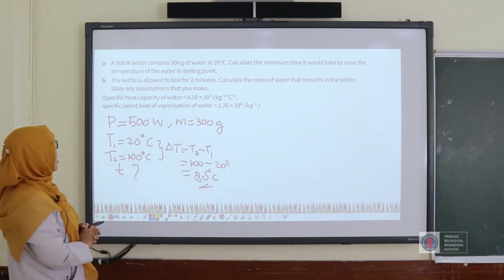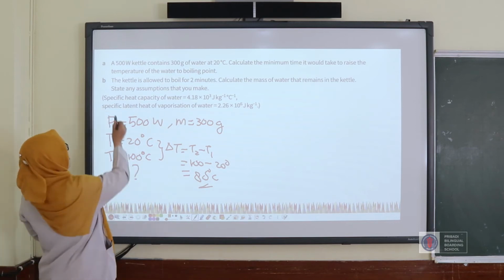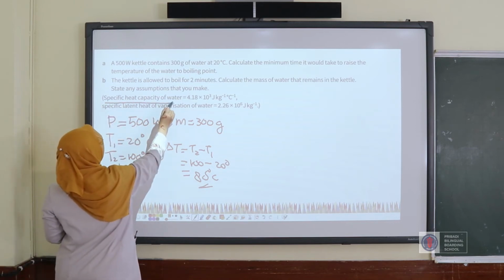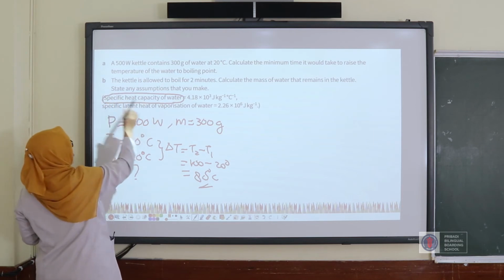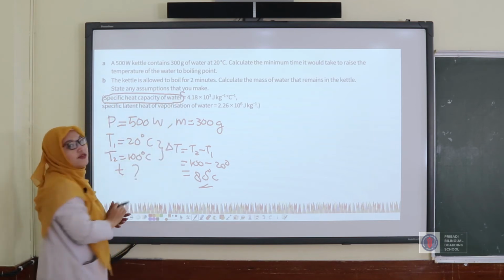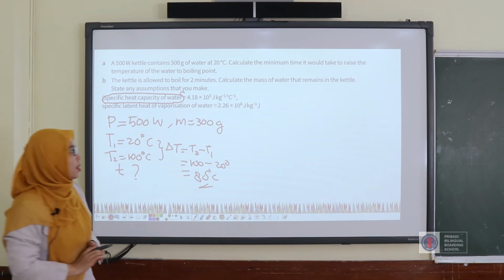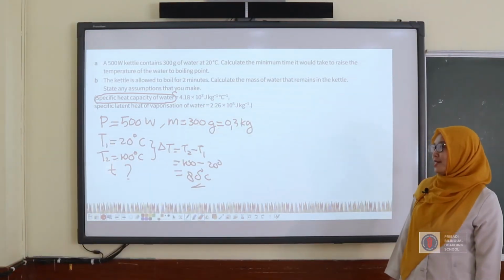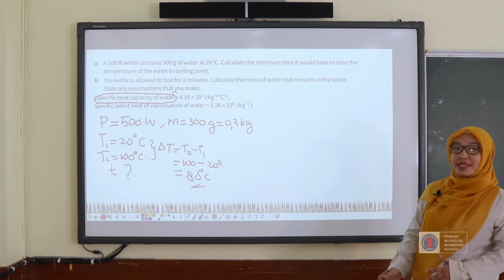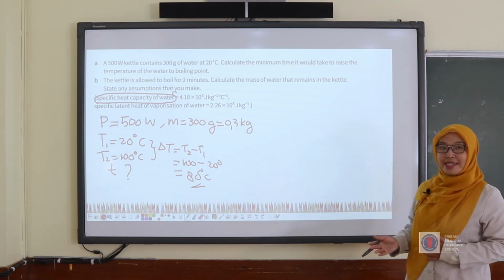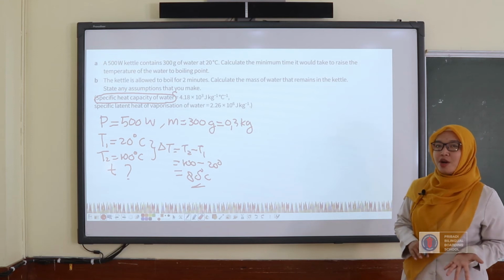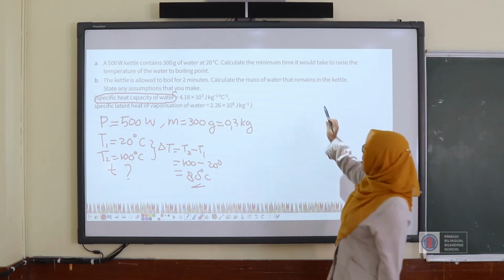Okay, then the specific heat capacity of water. The symbol of the specific heat capacity is the lowercase letter c. We can find the time required to boil this water by relating the equation of the electrical energy and the equation of the heat energy.